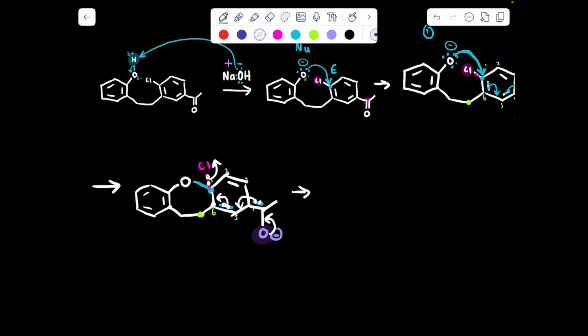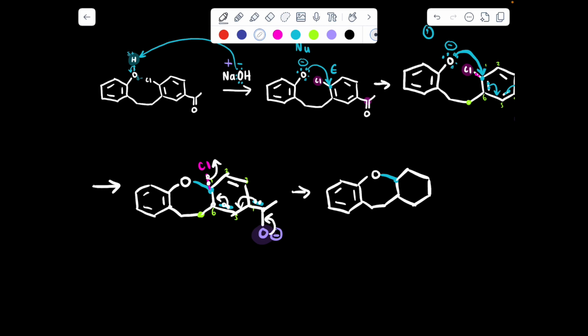So now all we have to do is draw our final product. Once again, draw in everything that did not change first. So this benzene ring didn't change. And the new ring that we formed also did not change. We also know that there's a benzene still. Put the pi bonds in between the atoms where the heads of the arrows are.